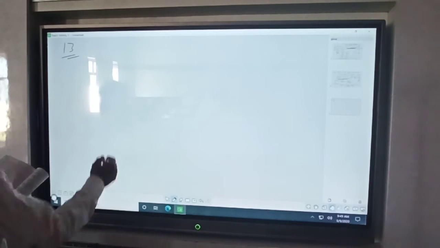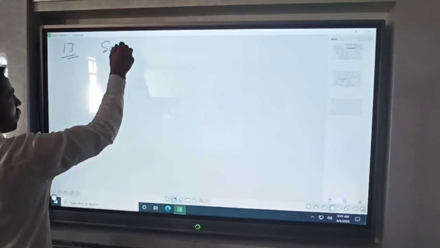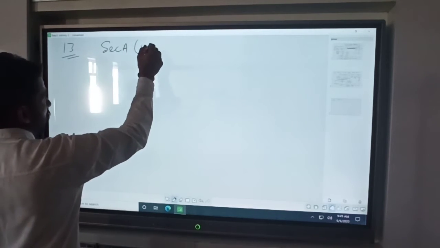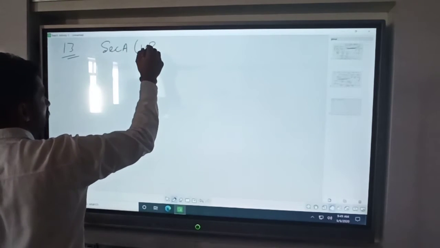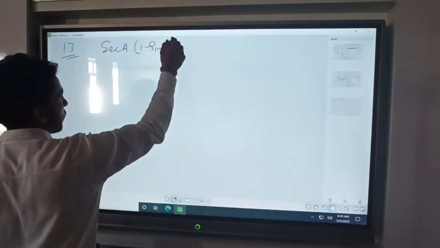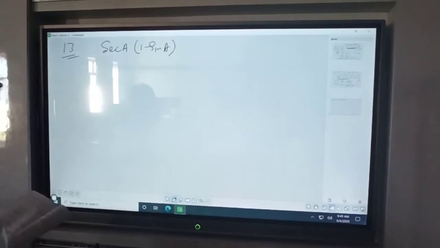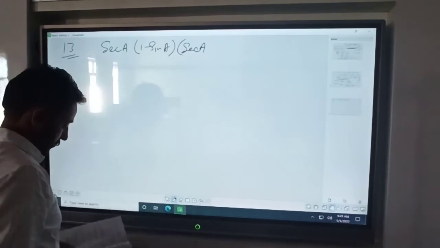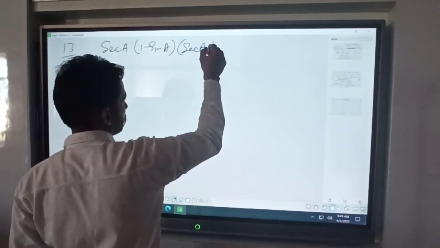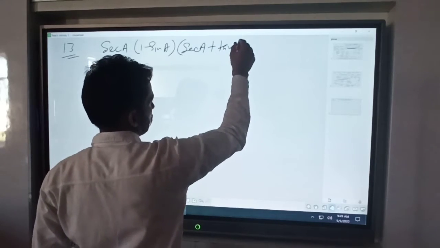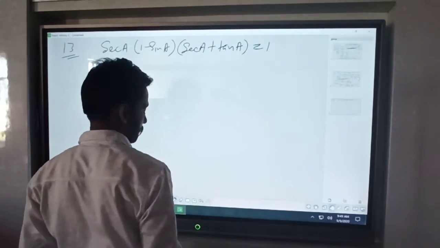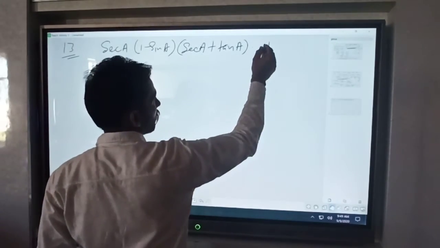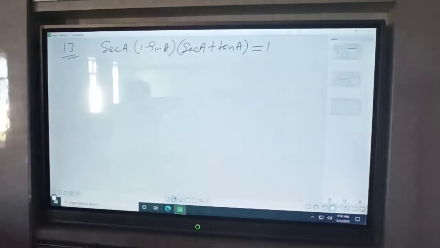We have to prove secant A into 1 minus sin A into secant A plus tan A is equal to 1.